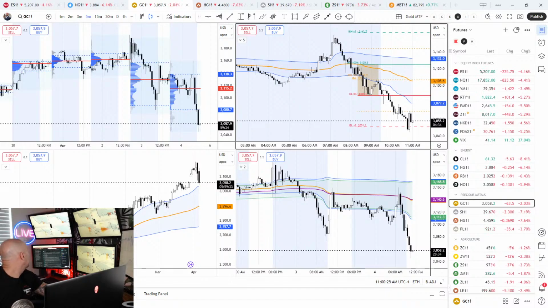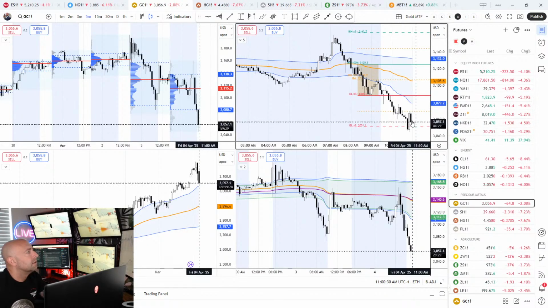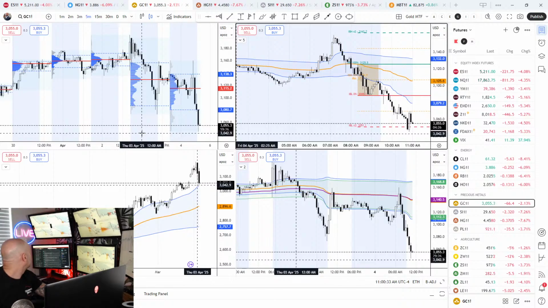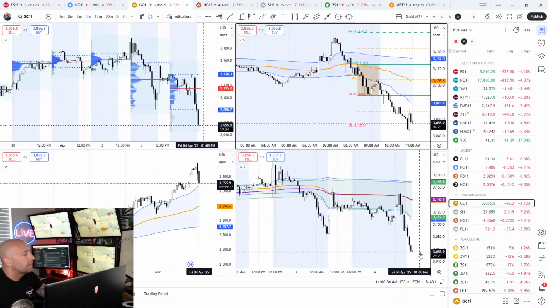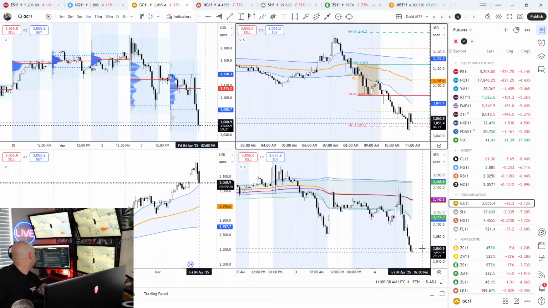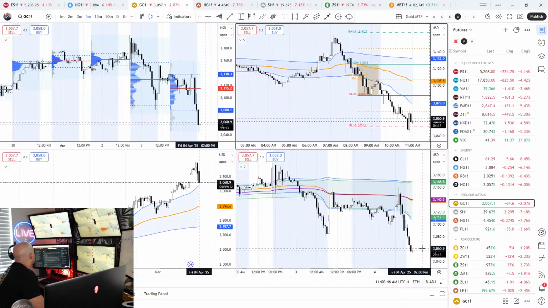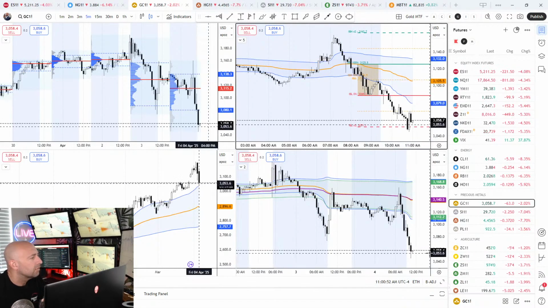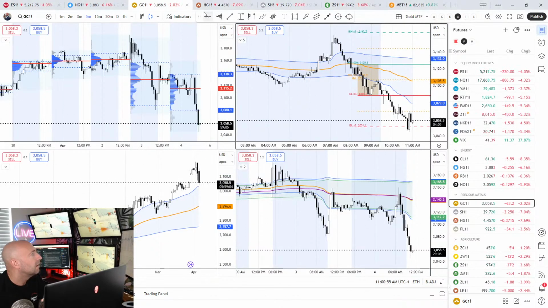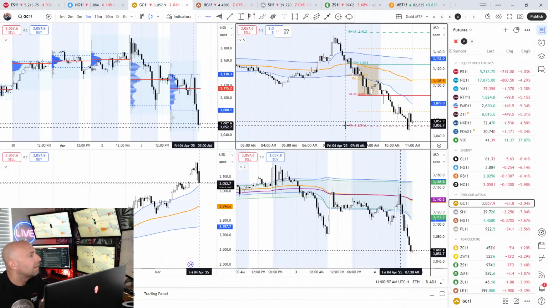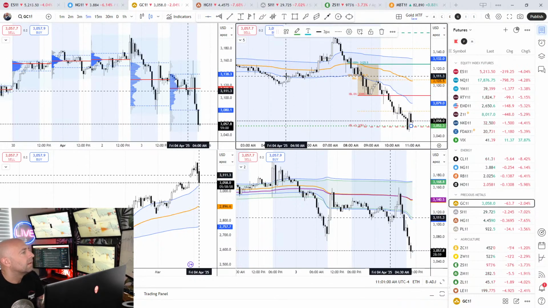Maybe a little lower. 52.6. So roughly right here, at that IB lower extension here.